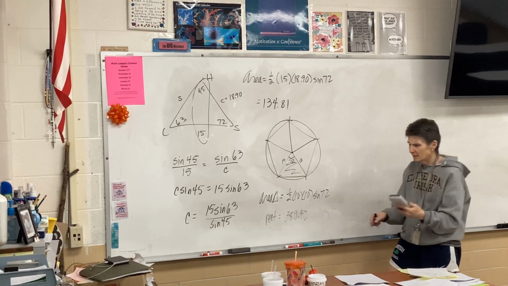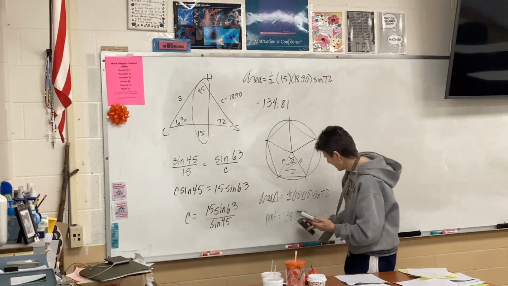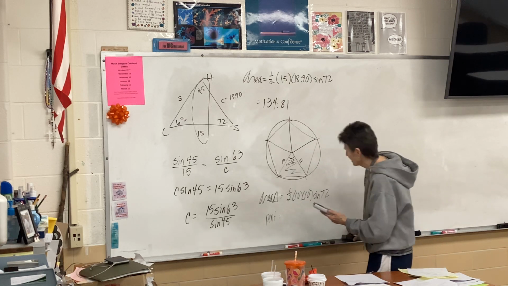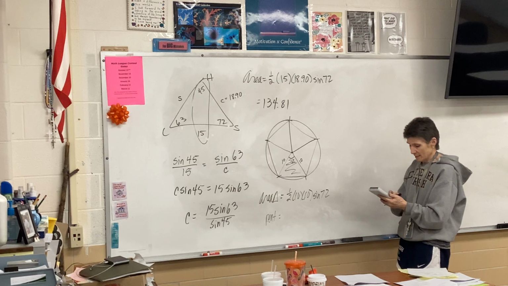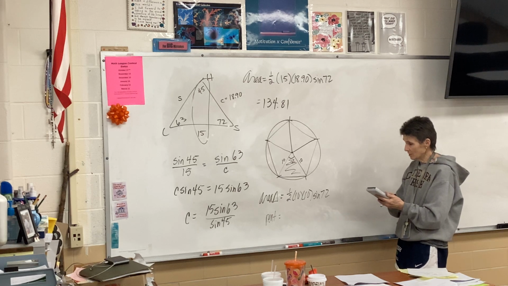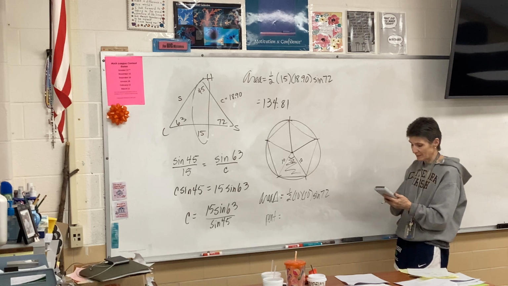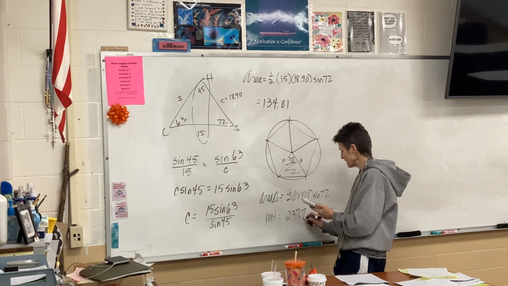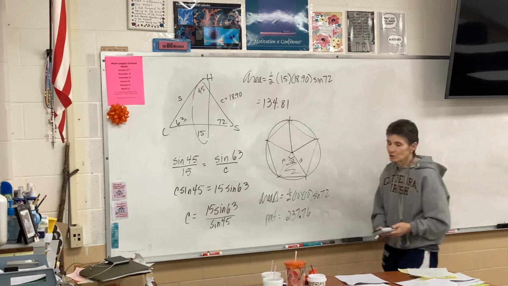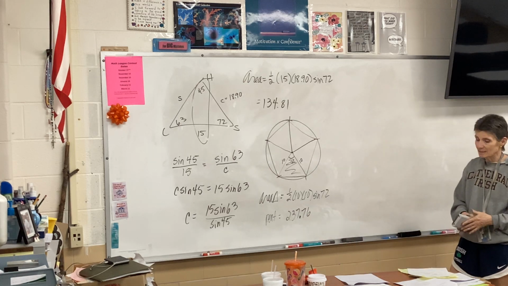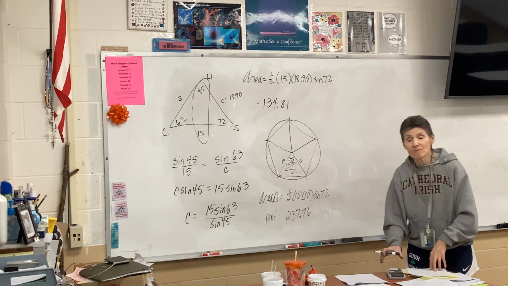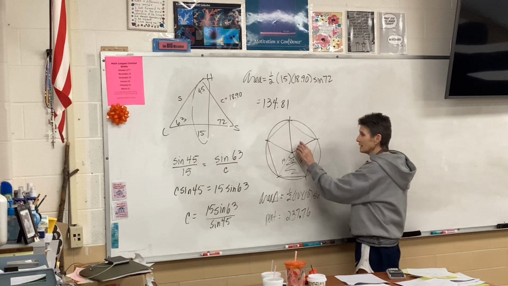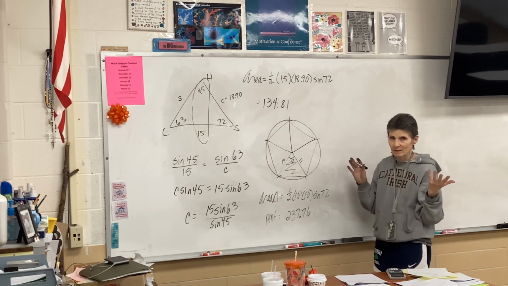Why times 8? No, times 5. It's a pentagon. It has been a long day. So 1/2 times 100 times sine 72. All right, this is 47 times 5, 237.76. I multiply by 5 because it's a pentagon and I have 5 triangles.